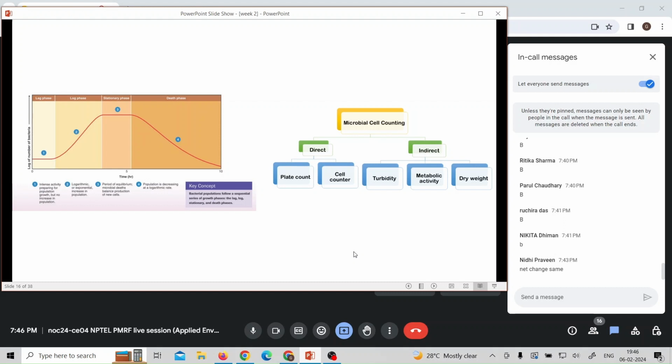If you're going to measure metabolic activity, you will focus on any specific activity, perform the test for it, and equate it with the number of cells that might be present or the concentration of cells.